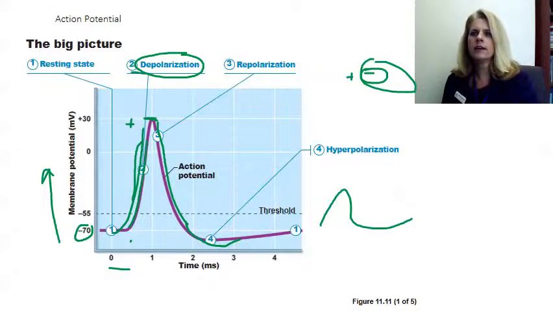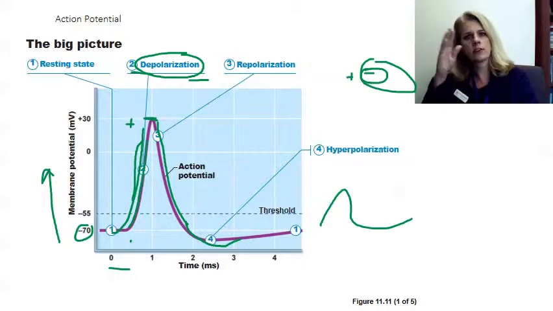All of these have to do with opening and closing of either a sodium or potassium channel. So we're going to take these step by step and talk about which ions are moving and when. I've done this myself when I was in graduate school. You put a voltage meter inside of a cell, and you can actually watch this change in voltage.